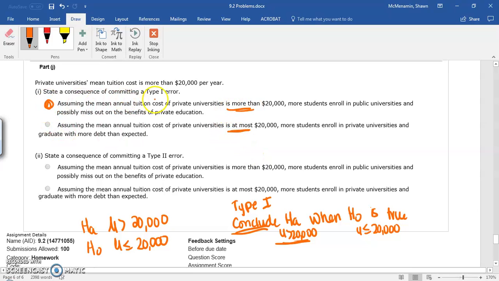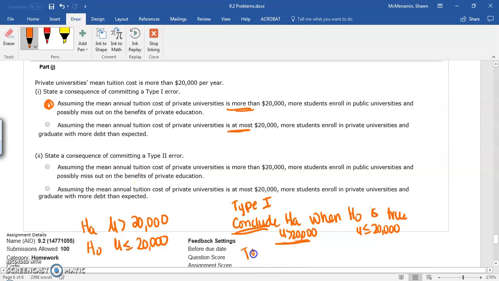More students enroll in public universities and possibly miss out on the benefits of private education, because you're saying this tuition costs more than 20,000, when in fact it's less than or equal to 20,000. So if you're telling students that it's actually greater than 20,000, then they might enroll somewhere else.